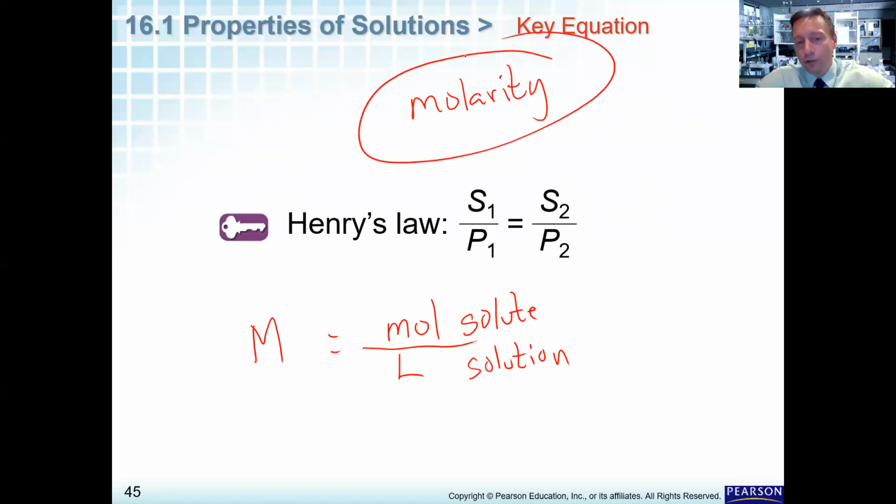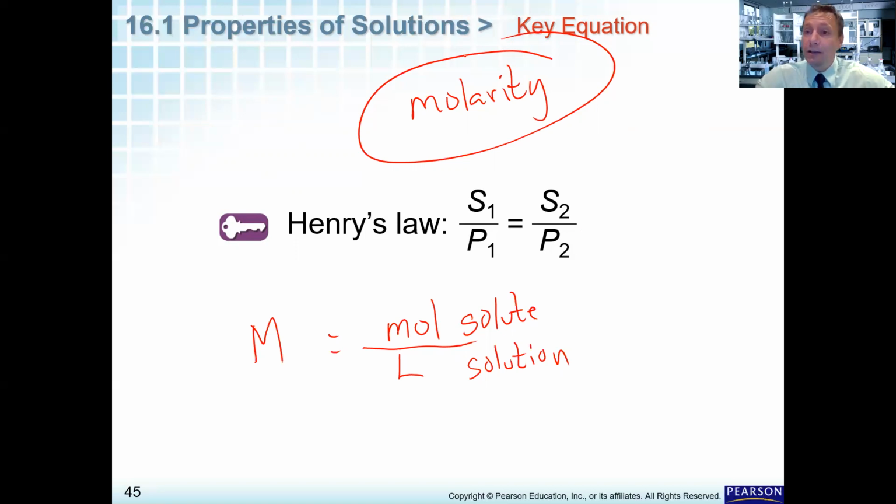Molarity is really important. So if you're given the molarity, you can calculate the moles based on the liters you have and vice versa. So molarity is a way that we can work with aqueous solutions.